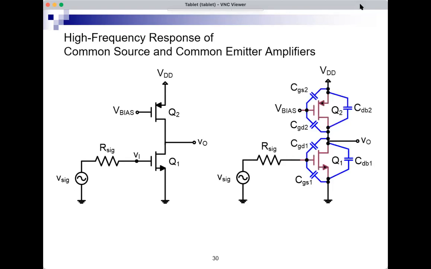And here's the same circuit with the capacitors that we talked about that are inside the MOSFET, that come with the MOSFET. So for Q1, you see the three capacitors for Q1, CGS1 between gate and source, CGD1 between gate and drain, and CDB1 between drain and source.